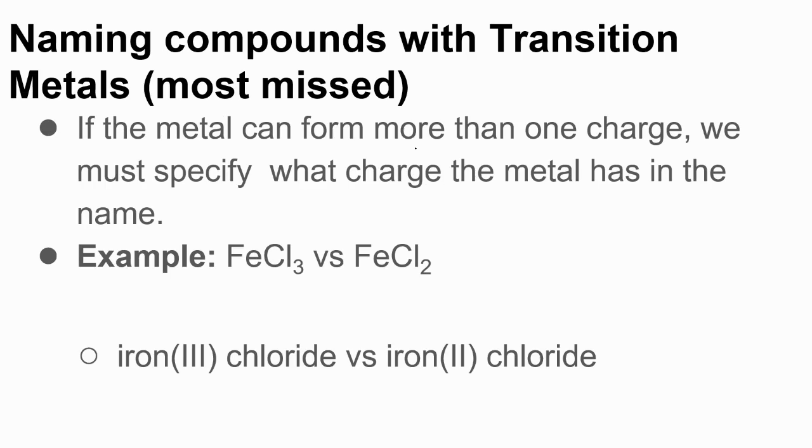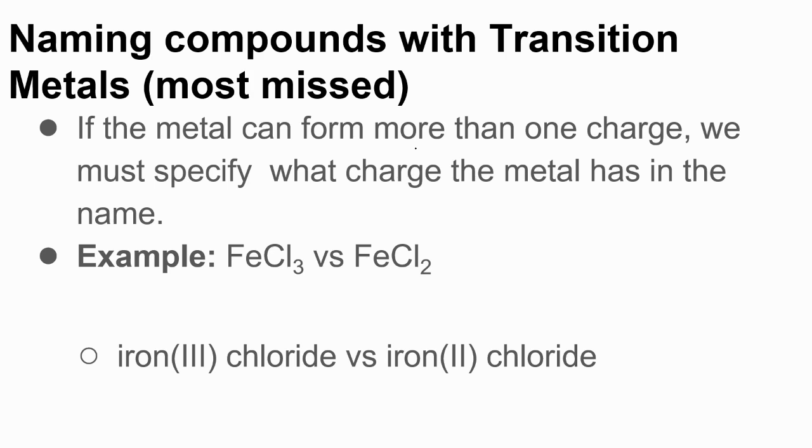Okay. All right. When we are naming compounds that could have a different charge, so all the transition metals except our 3 exceptions, the post-transition metals besides gallium and aluminum, and the lanthanides and actinides, they can have different charges. So we need to specify what charge we're talking about.